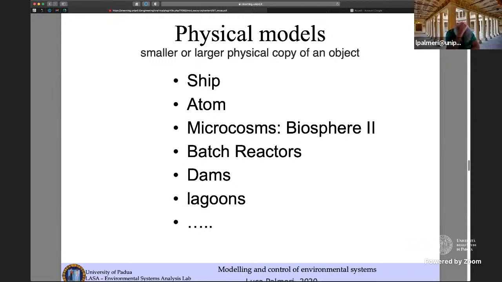On a different scale, there are microcosms, which are ways of trying to build ecosystems on a reduced scale in order to study the effect of changing conditions on the living species in the system.